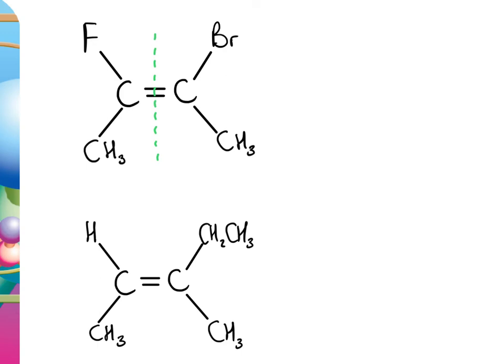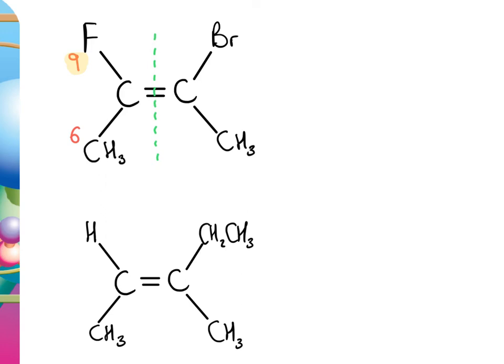Right, okay, so on the left-hand carbon I've got fluorine, and fluorine has an atomic number of 9. And when I look at the other atom that's attached to that left-hand carbon in the carbon double bond, it's another carbon that has an atomic number of 6. So in terms of which one has the higher priority, 9 trumps 6, so the fluorine has the higher priority on the left-hand carbon.